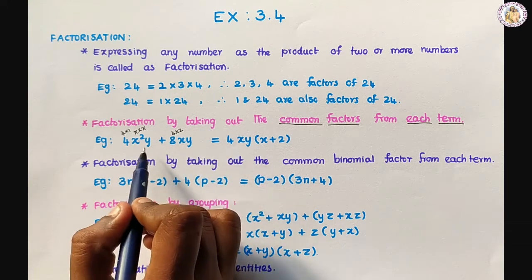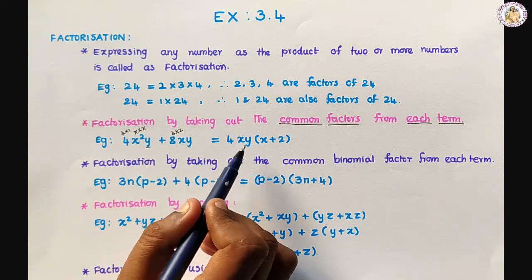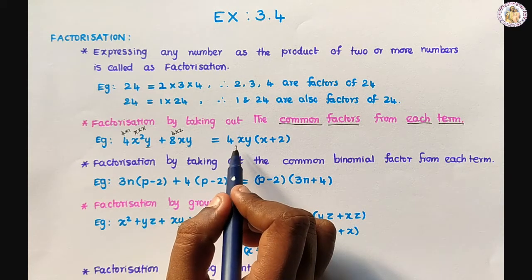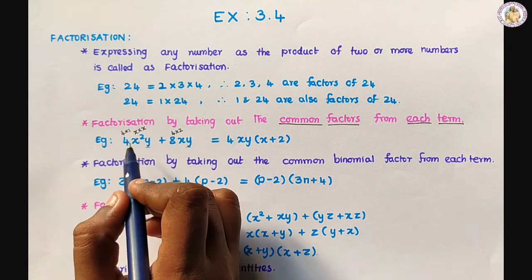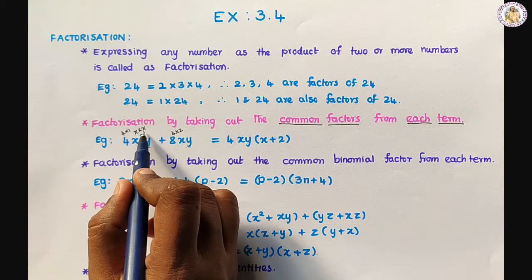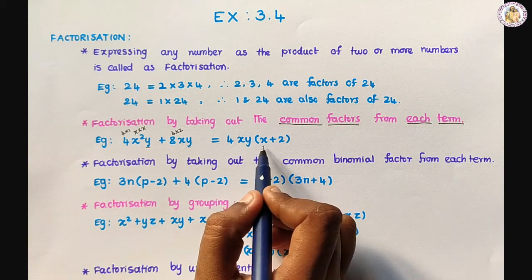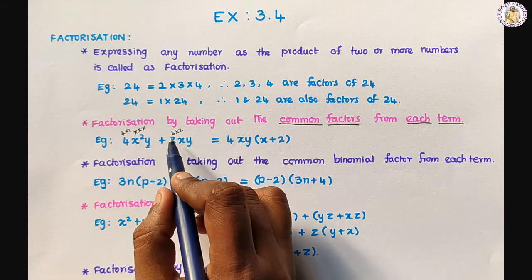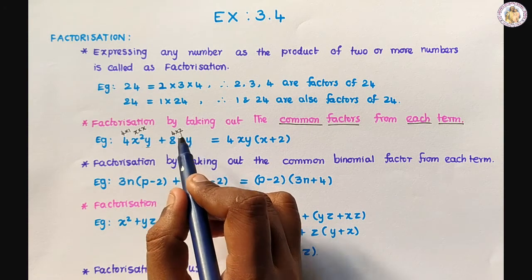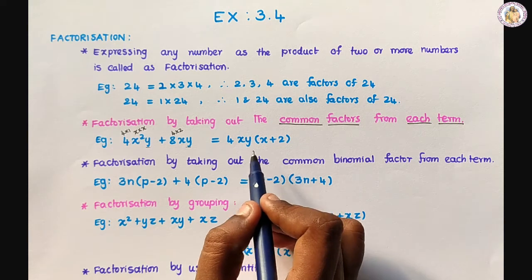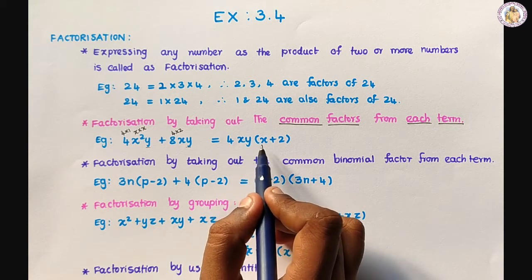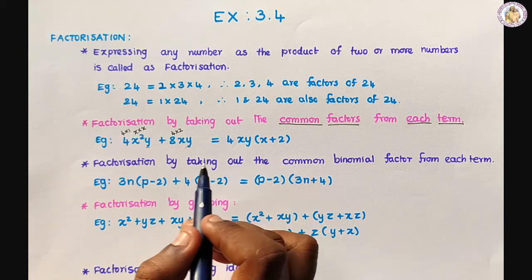So we can take out 4xy. What's the balance here? One x is taken out and the other x is balance. Write that down here. And in this term only 2 is balance. So plus 2. 4xy into x plus 2.